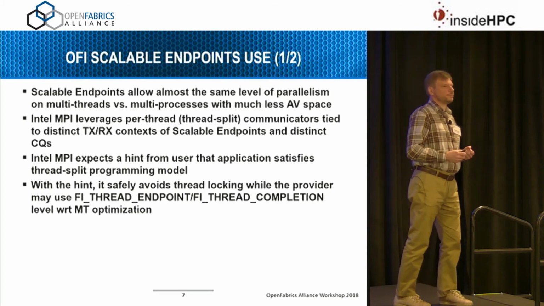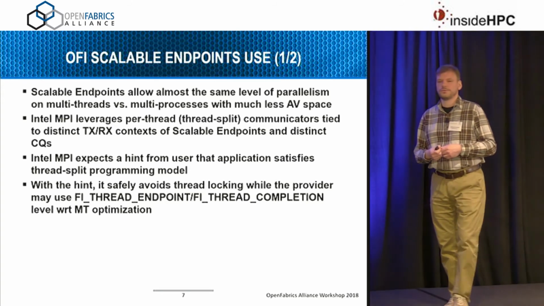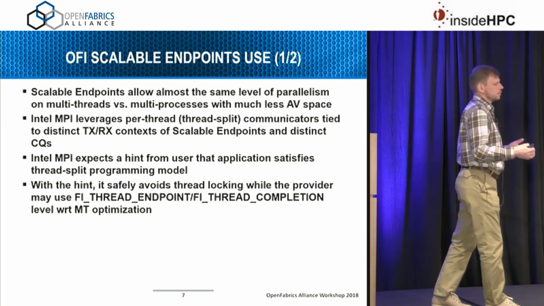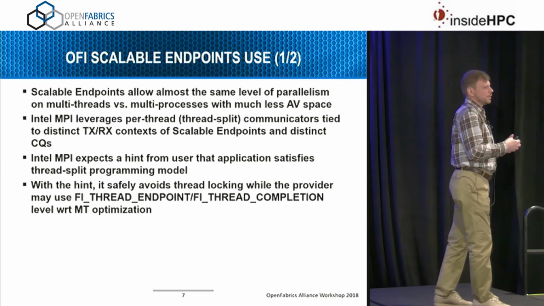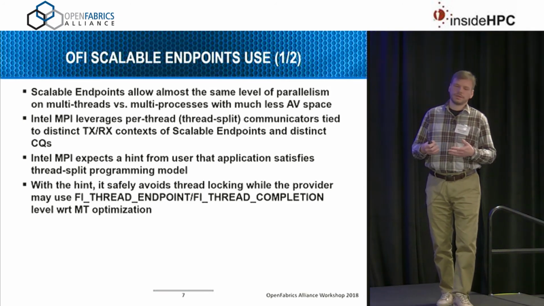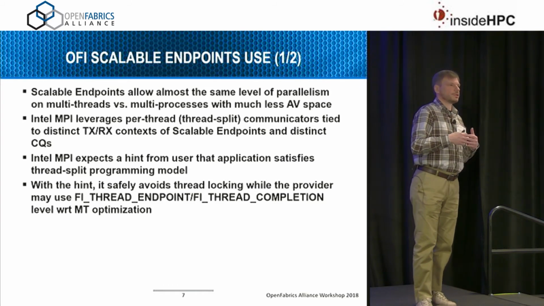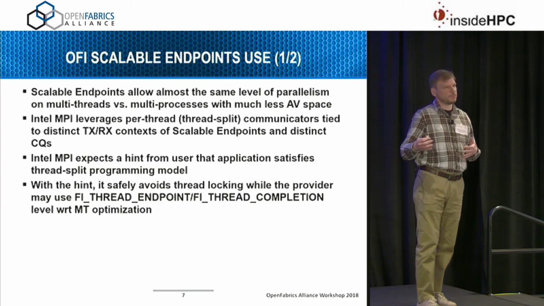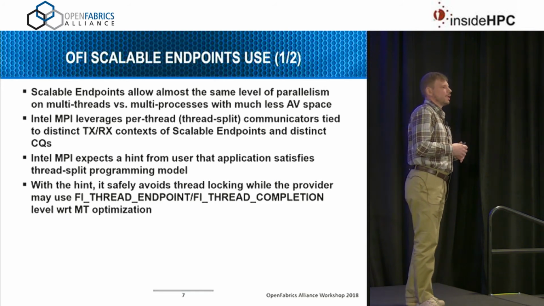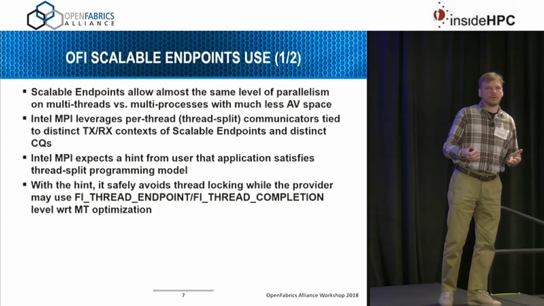For our Intel MPI implementation of thread multiple, we use a special programming model based on per-thread communicators that allows us to get separate queues for different endpoints and assign them to different threads, so we can go absolutely lockless on threads.